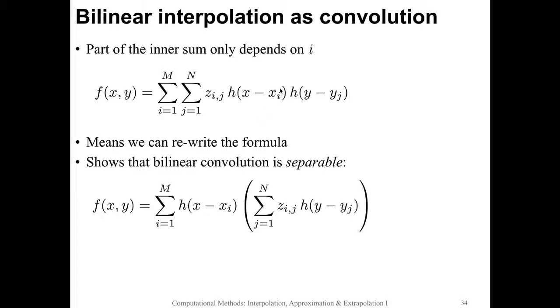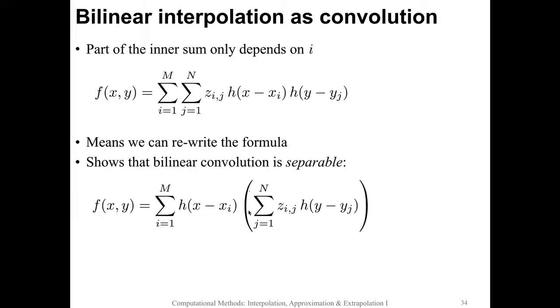So that means we can take this outside the inner summation but inside the outer summation, so we can put it here, and the convolution can therefore be slightly modified without changing the actual formula. So we end up with an expression that looks a little bit like this.